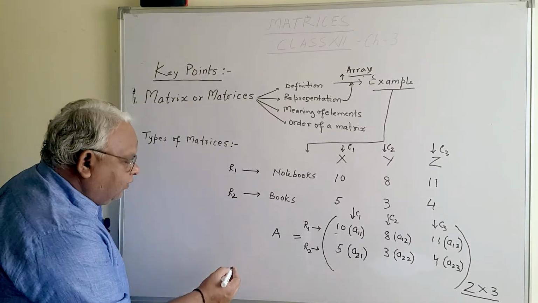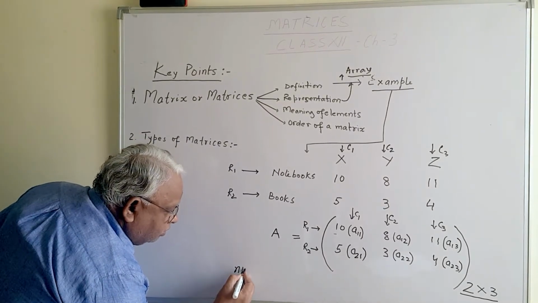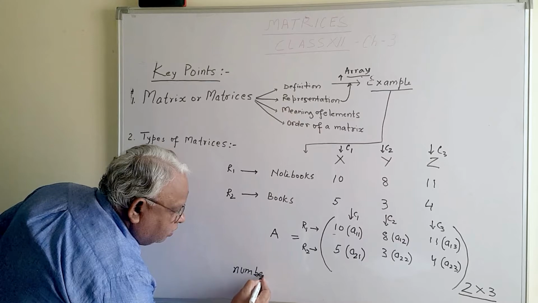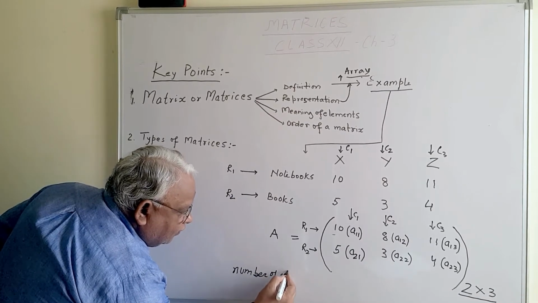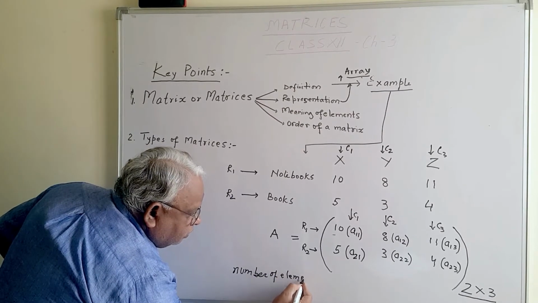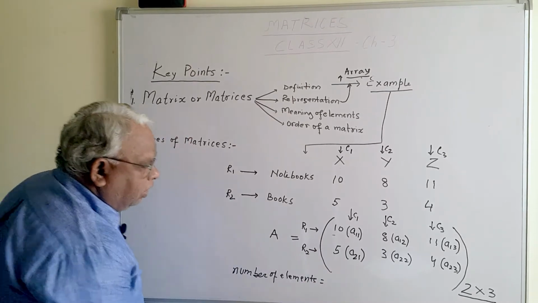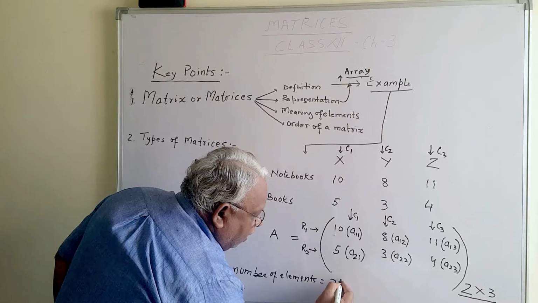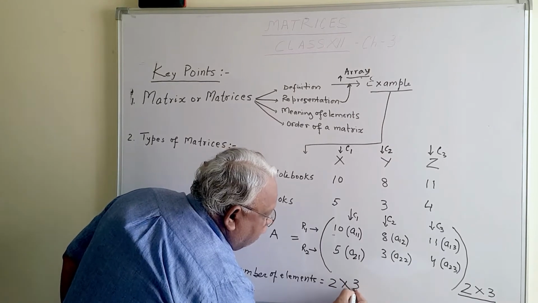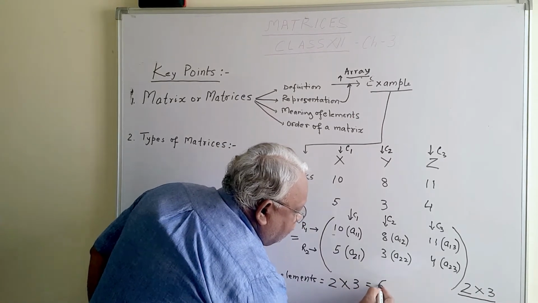The number of elements is same as 2 into 3, that is 6.